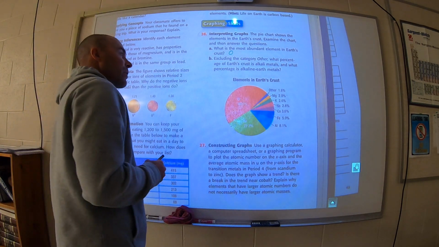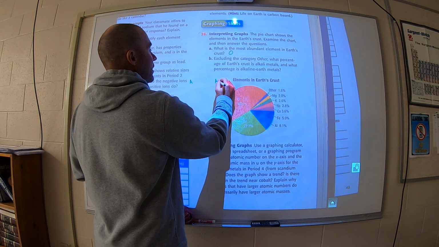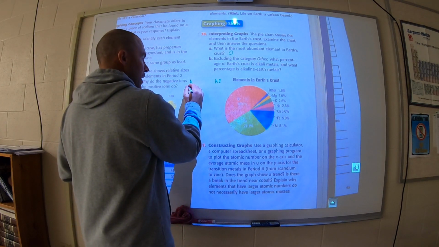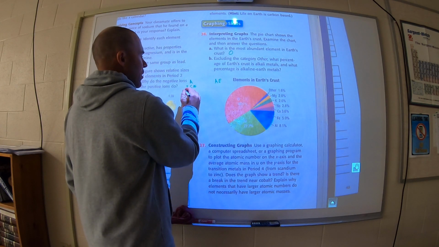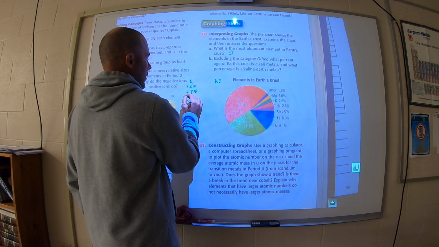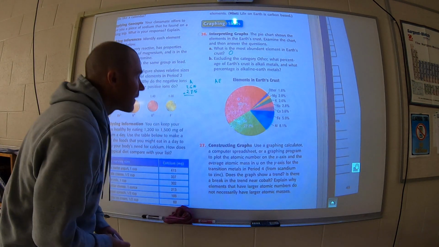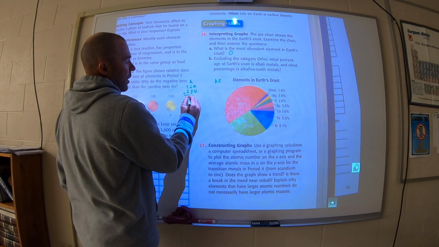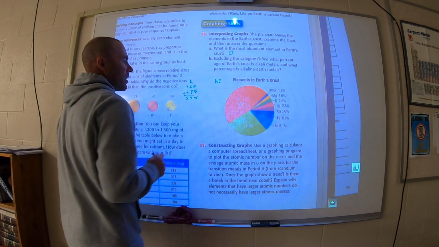And then letter B, excluding the category other, what percentage of Earth's crust is alkali metals and what percentage is alkali earth? So I'm going to make a column here, A and AE for alkaline earth. The alkali metals are potassium, which is 2.6%, and sodium, which is 2.8%, which if you add those together gives you 5.4%.